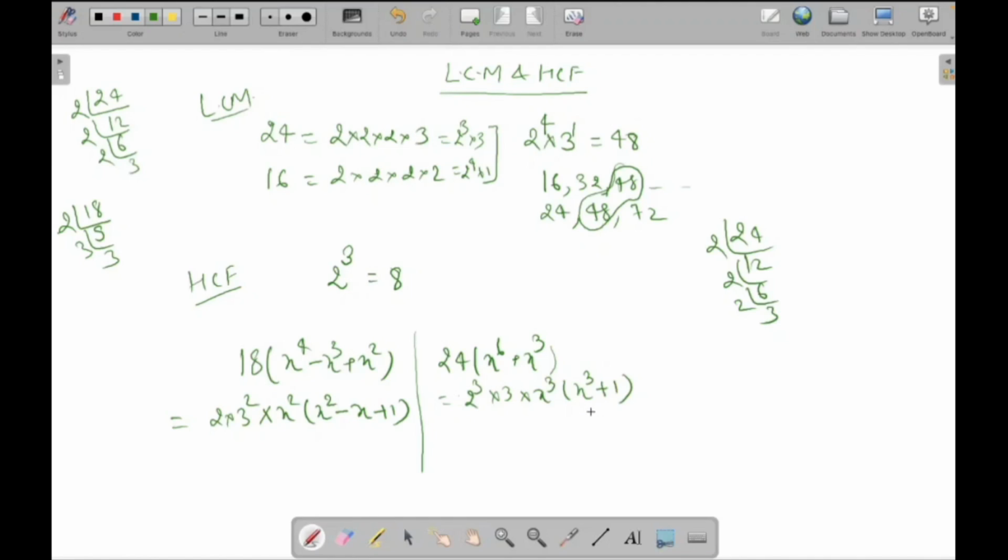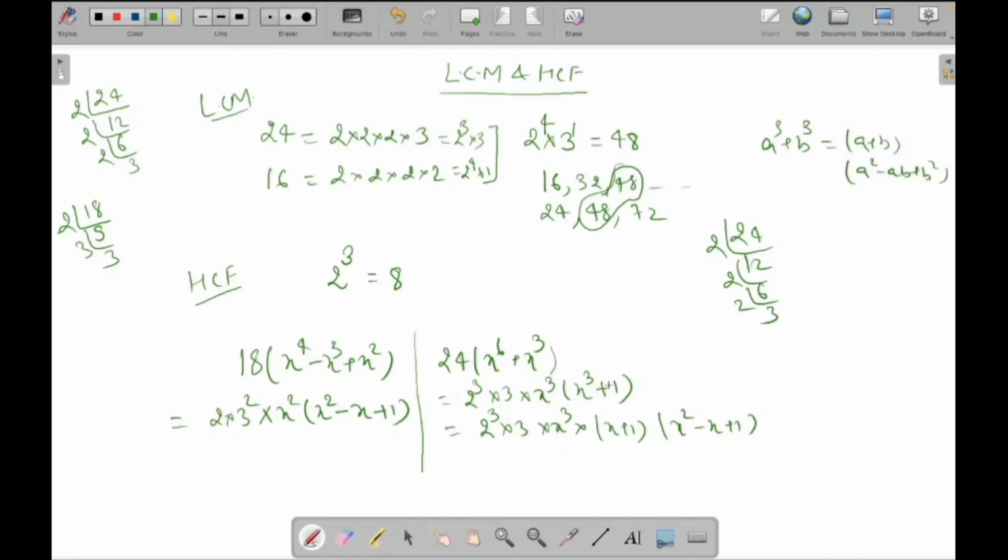Also, I can write x cube plus 1 as x plus 1 into x square minus x plus 1. Why? Because a cube plus b cube is equal to a plus b into a square minus ab plus b square.